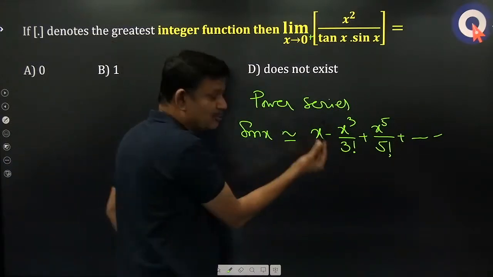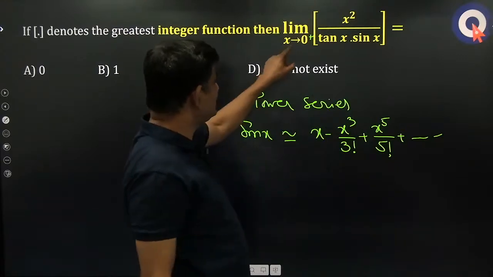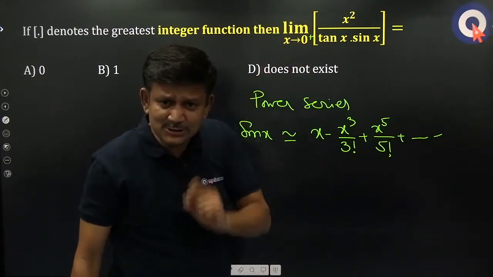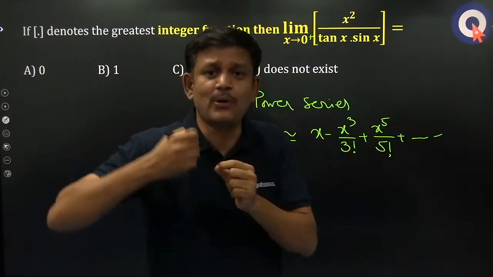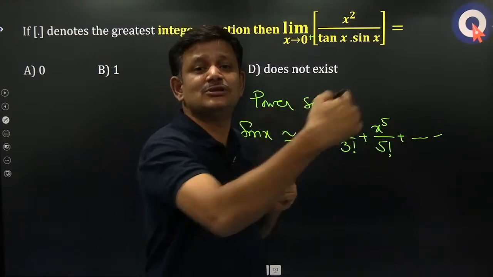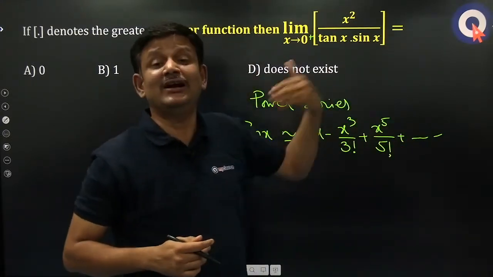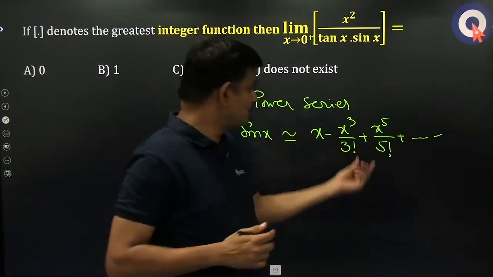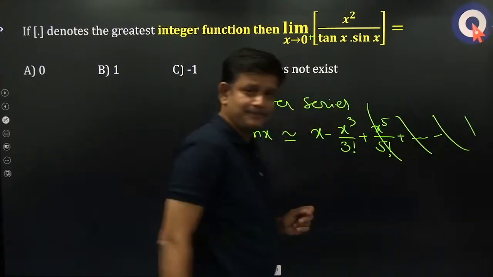From x I am removing some number. Though I am adding x power 5, x is tending to 0. x is an infinitesimally small number. So, x power 5, when you square 0.1, what happens? 0.01. When you cube it, 0.001. So, the small number, when you raise the power, it will be infinitely many times smaller. So, compared to x cube, we can happily ignore all other terms.